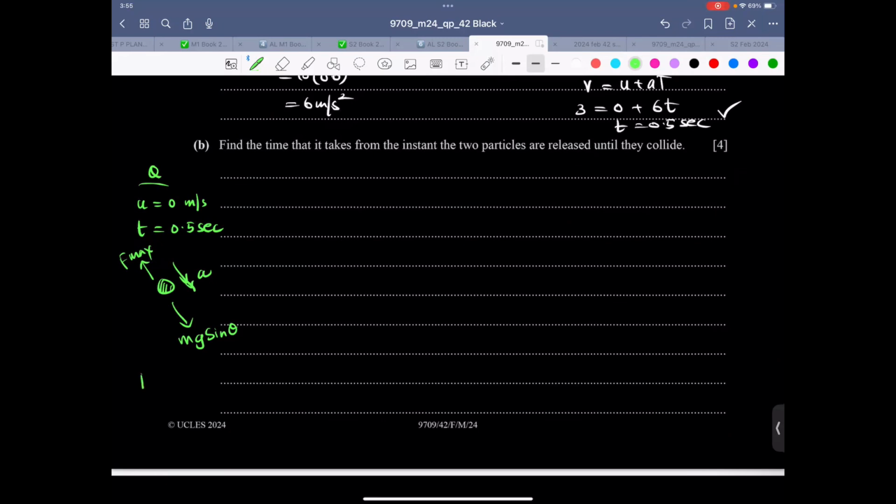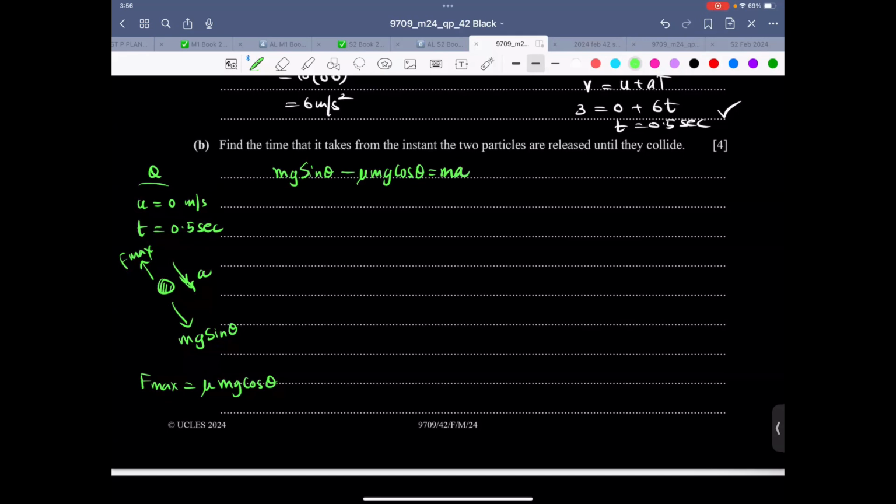Now, what is F max? F max is mu R, that is mu into mg cosine theta. So now let's do the calculation. That is mg sine theta minus mu mg cosine theta equals ma.